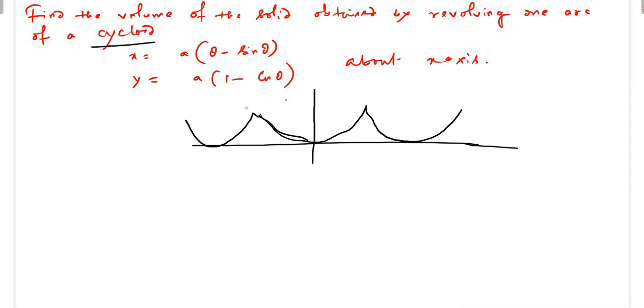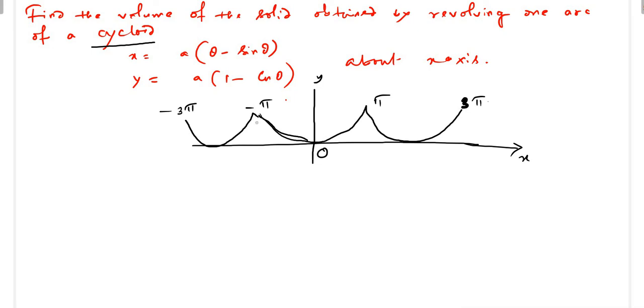So it is minus 3 pi, minus pi, pi, 3 pi, 0, it is x-axis, it is y-axis, and one arc.